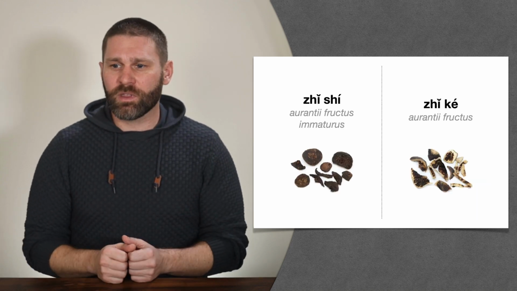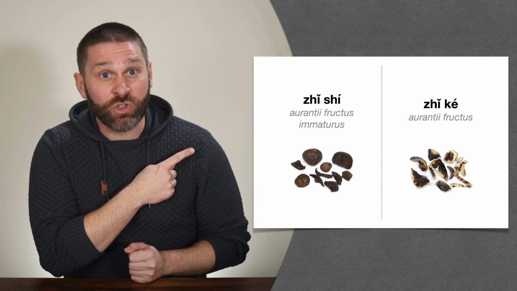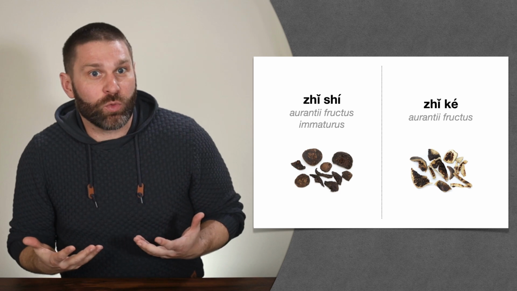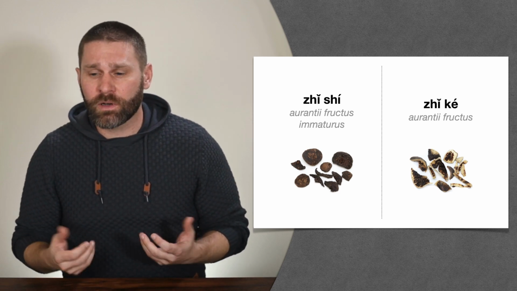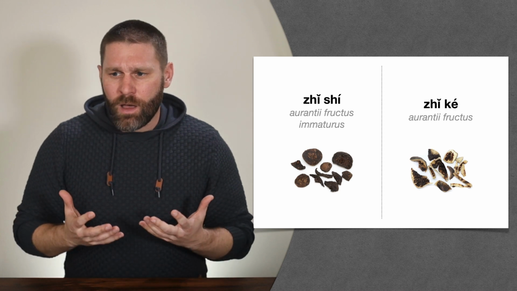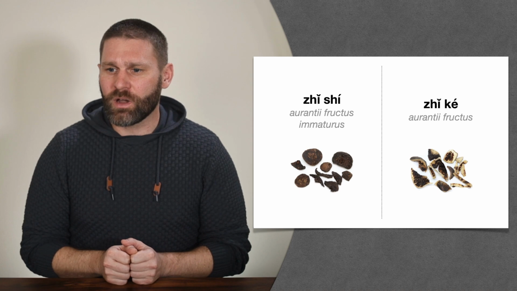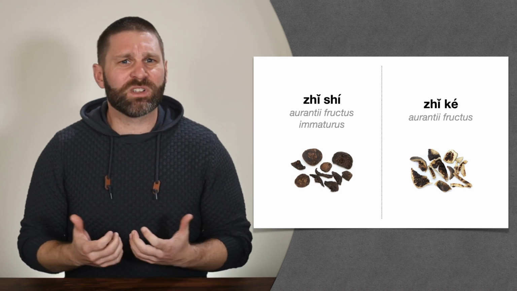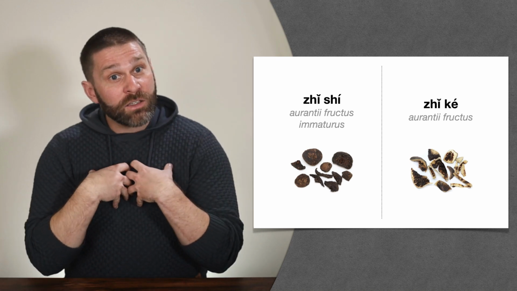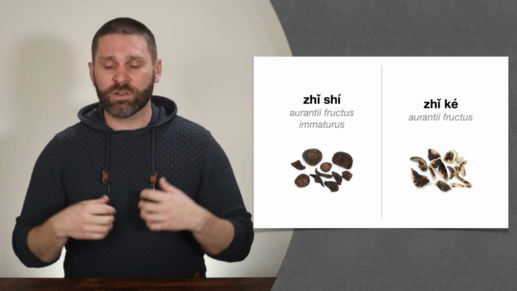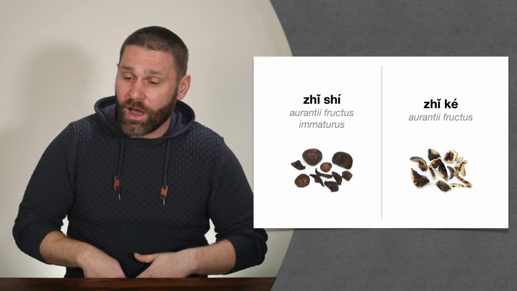So the way I remember these is, for Zhi Shi, the Latin name says immaturus. That means it's not yet ripe, not yet matured. And so that means it's more bitter in flavor, so it's stronger. But the main difference there is Zhi Shi is stronger. We could also say, if we wanted to make a difference, that some commentators say that Zhi Ke works more on the upper body, so it's better for expanding the chest, whereas Zhi Shi works lower down, so it's better for things like constipation.